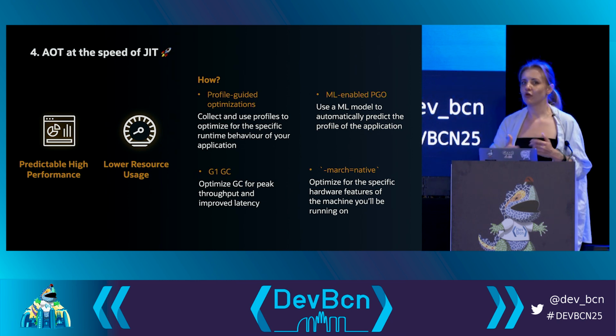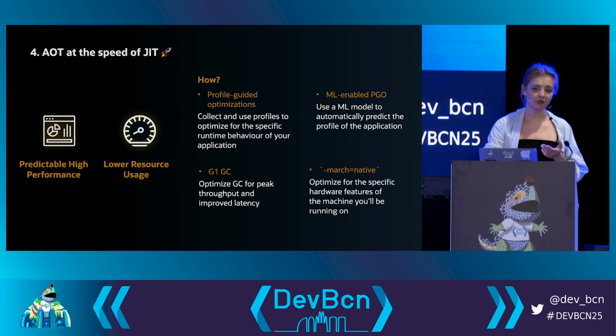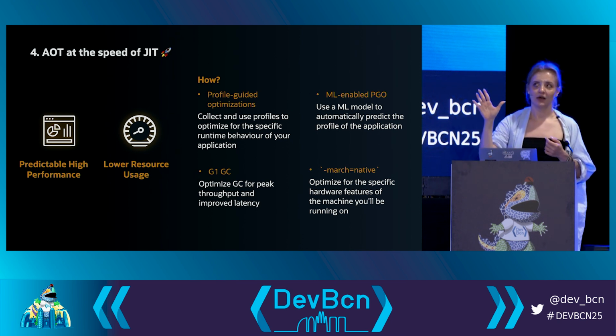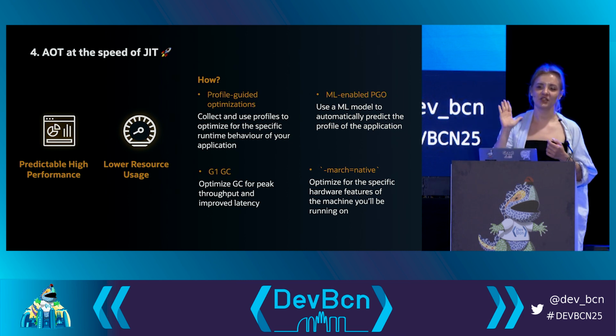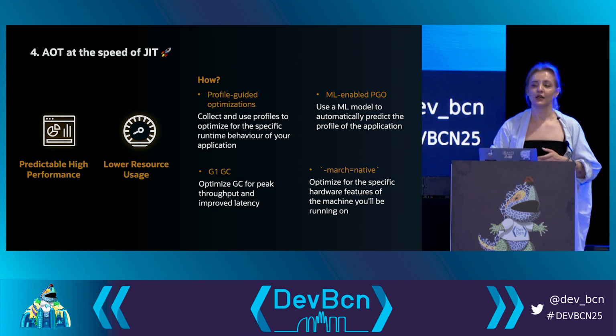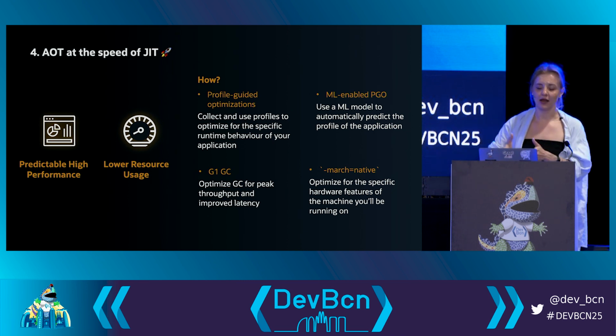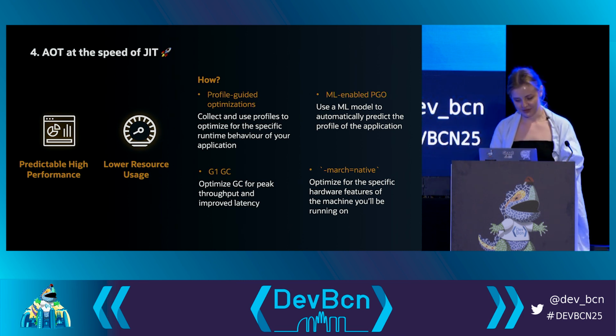So let's say out of the box, I cannot compile on my Mac for my Linux cloud instance. But still, with this last flag, you can specify to optimize the binary specifically for this configuration of machine and these specific hardware features, to squeeze the most out of this machine and sort of prioritize performance over compatibility across this range of machines.